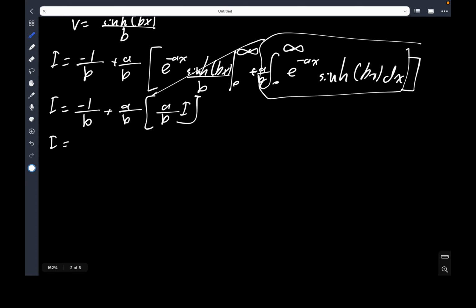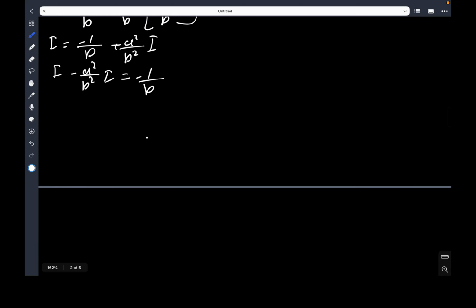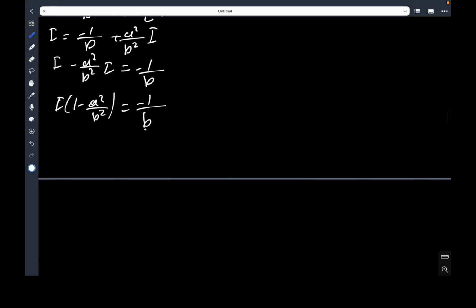I is therefore negative 1 over b plus a squared over b squared I, and I minus a squared over b squared I is negative 1 over b. I'm going to factor out I. It's going to be 1 minus a squared over b squared is negative 1 over b.